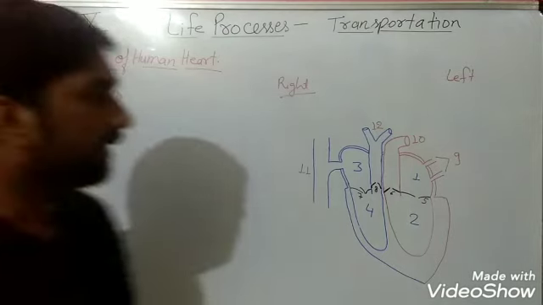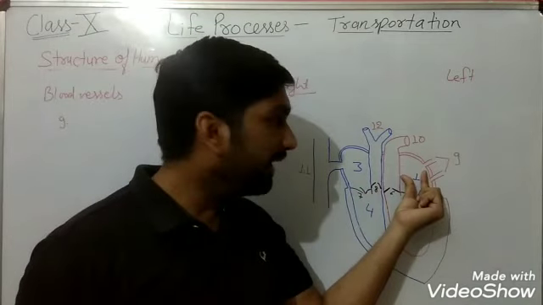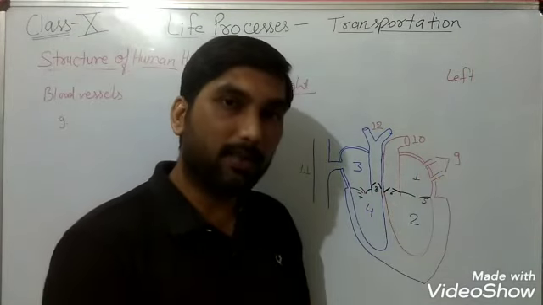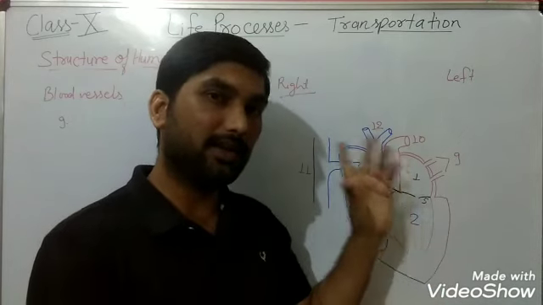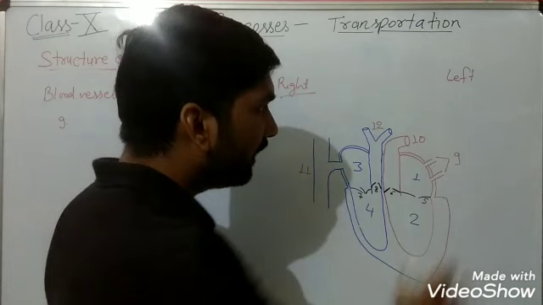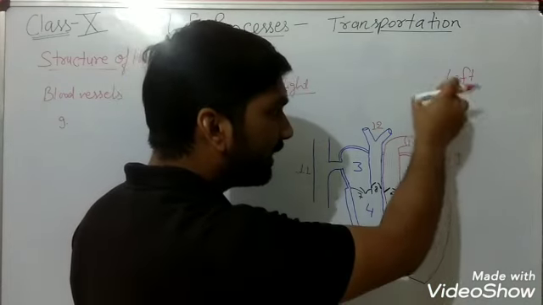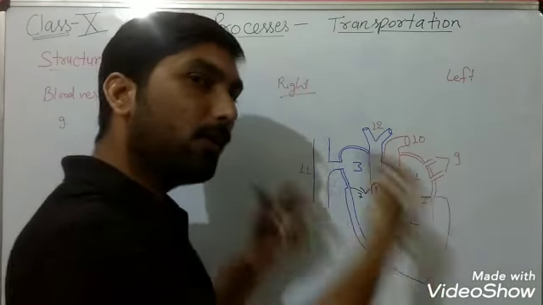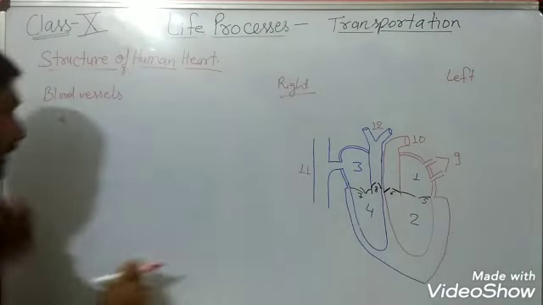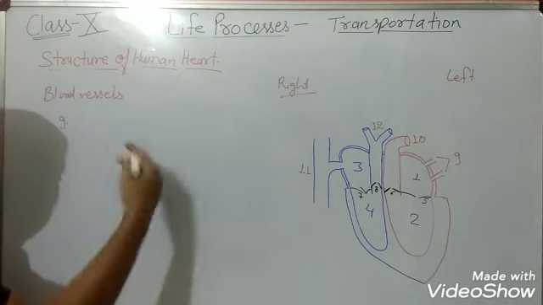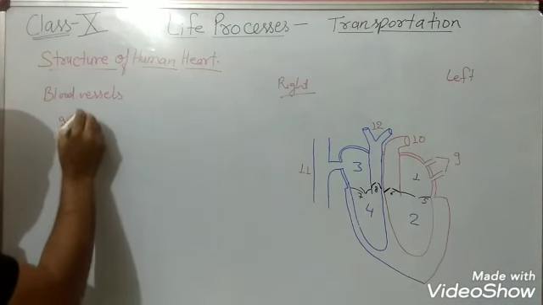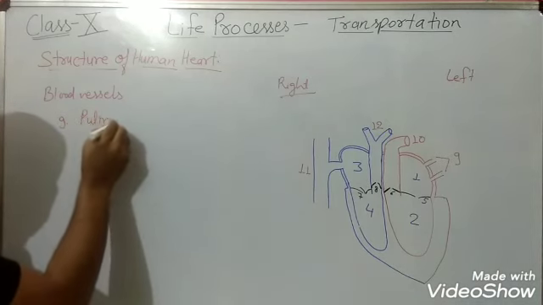Number 9. Since this atrium is receiving oxygenated blood, and you know the oxygenation of blood is done inside the lungs, this is the blood vessel which is carrying blood from the lungs and entering the heart. The blood vessel carrying blood from the lungs is known as the pulmonary vein.